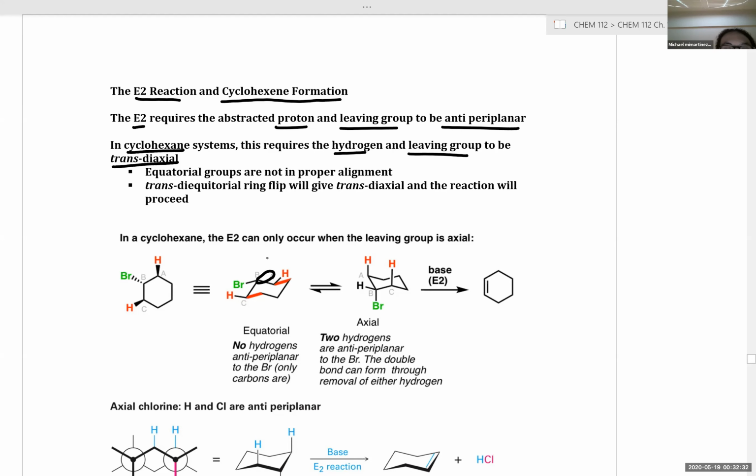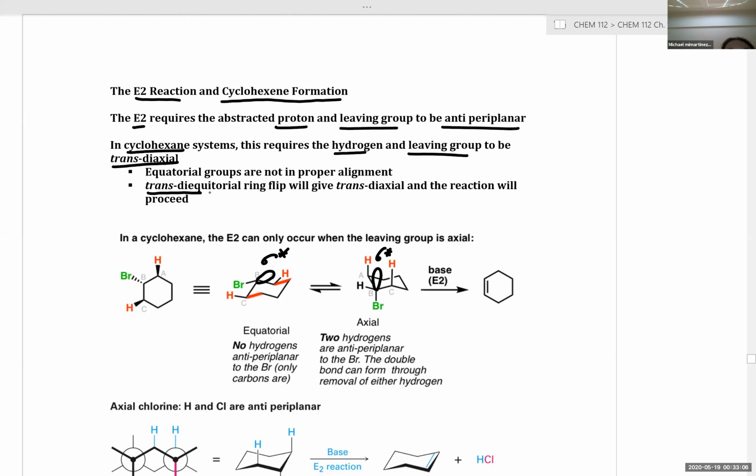we were to draw out our sigma star, the overlap between our sigma star and our carbon-hydrogen bond is not very good when they're in the equatorial position. If we compare to the diaxial arrangement, there's a reasonably good overlap between our sigma star and the adjacent carbon-hydrogen bond, which allows for an E2 reaction to occur efficiently.